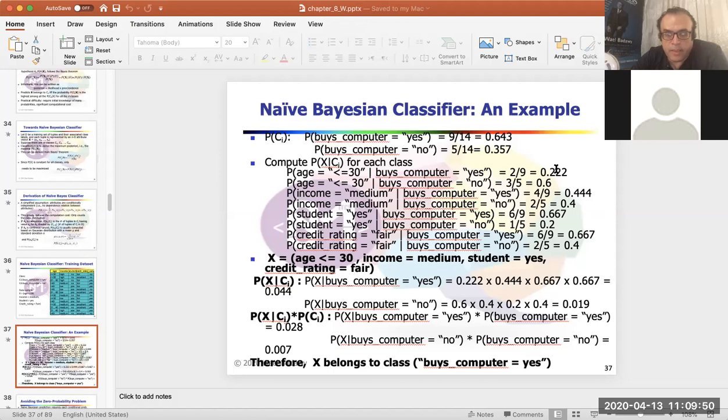From all of these probabilities, I will be able to compute the probability of X given Ci, and then compute the Bayesian result. Therefore, X will belong to the class buying computer equal to yes, because this probability is much higher.